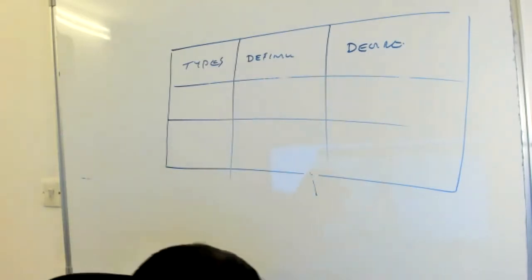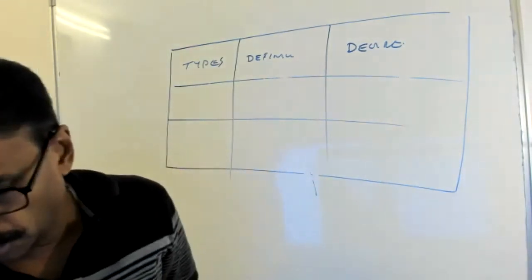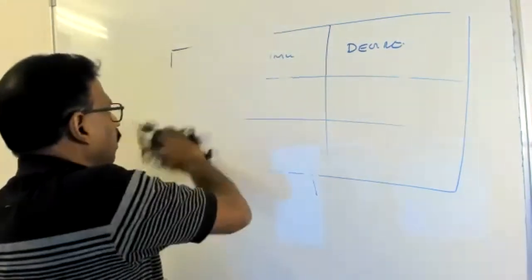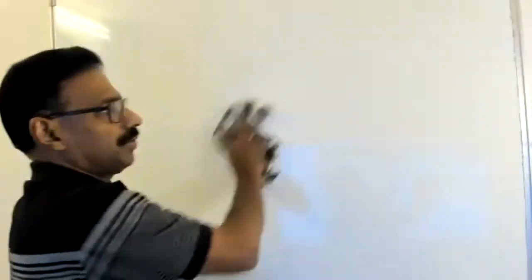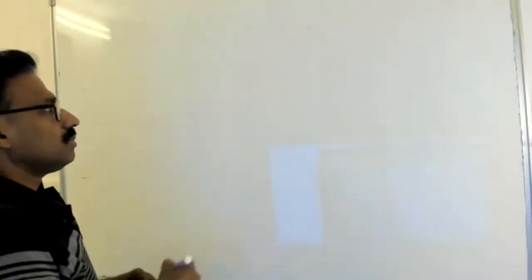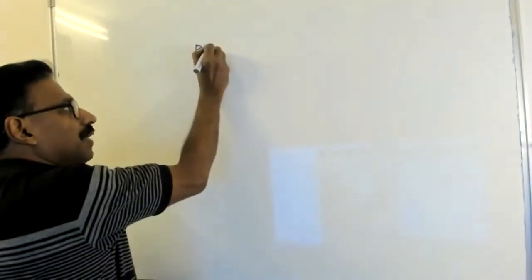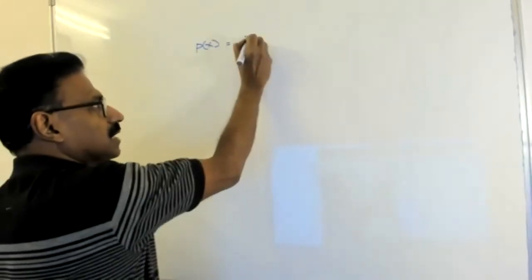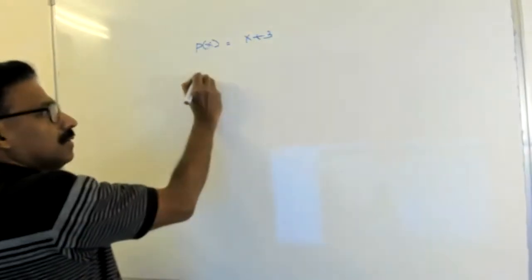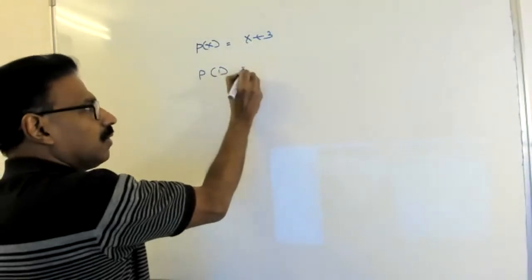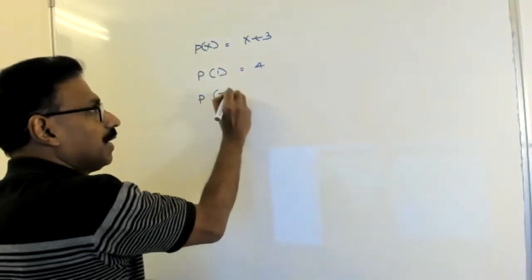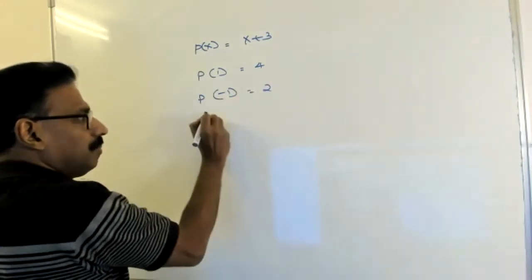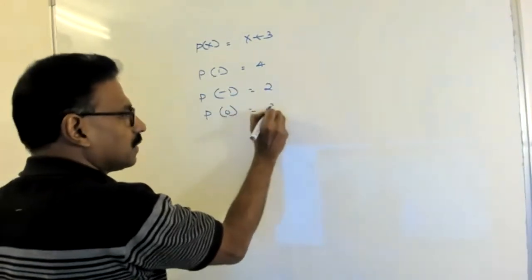Okay, then next, zero of a polynomial. P of x equal to x plus 3. P of 1 equal to 4. P of minus 1 equal to 2. P of 0 equal to 3.